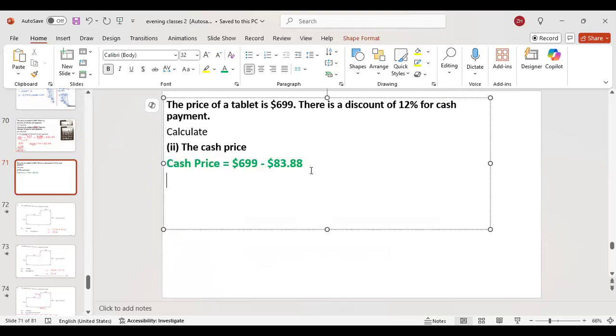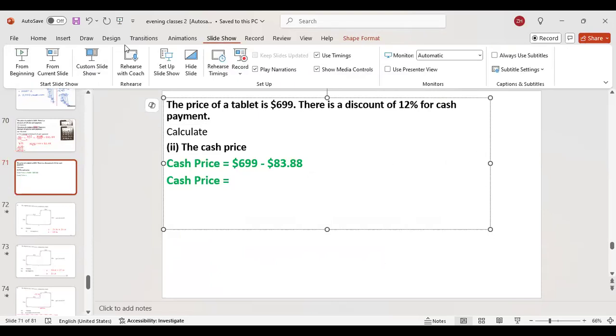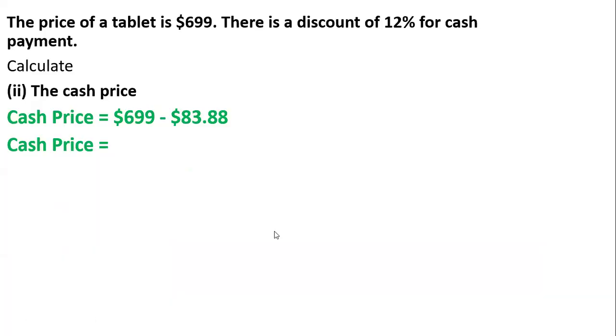Okay. So cash price is gonna be equal to 699.00 minus 83.88.